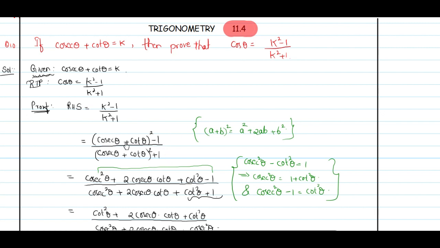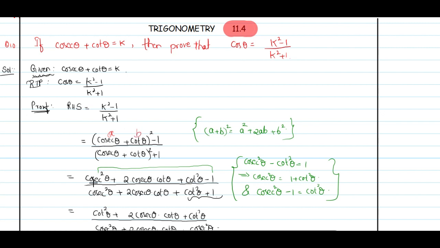Now, it is in the form of a plus b whole square, and this is also in the form of a plus b whole square. So, what is the expansion of a plus b whole square? We have it as a square plus 2ab plus b square. What is a here and what is b? Here a will be cosecant theta and b will be cot theta.